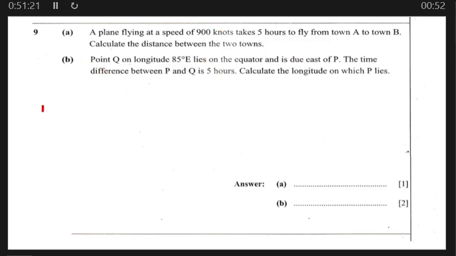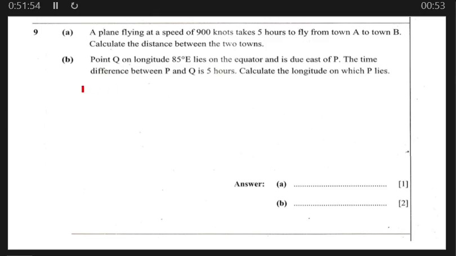All right, so the first question is asking us to calculate the distance between the two towns. We are told a plane flying at a speed of 900 knots takes 5 hours to fly from town A to town B. So this 900 knots is speed, and this is time, and they're asking for distance.